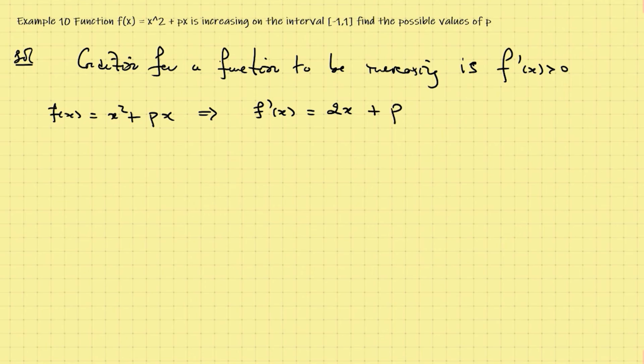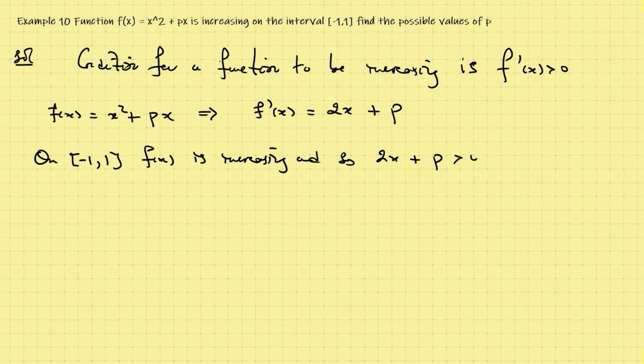So I basically want f of x to be increasing on minus 1, 1, and so 2x plus p had better be bigger than 0 on this x interval, right?